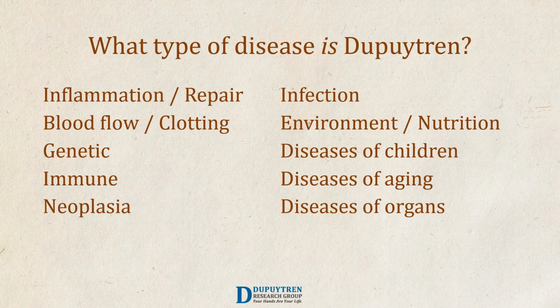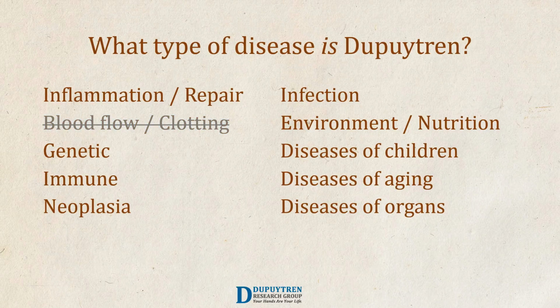Now, before we can really understand the biology, it'd be a good idea to try to pigeonhole Dupuytren into what type of disease it actually is. Just looking through this list, this is one of many different ways to categorize all disease. And looking at this, well, there are some inflammatory characteristics of Dupuytren, and part of the biology that's involved in repairing wounds is also active in it.